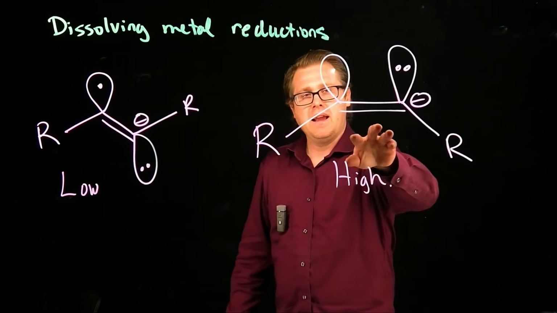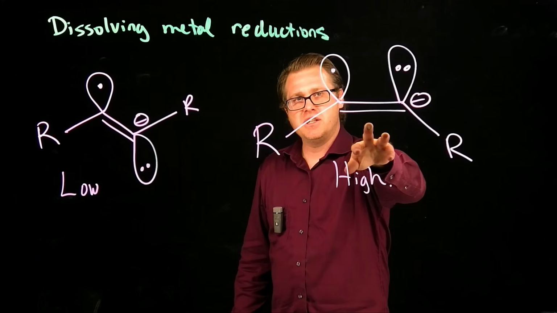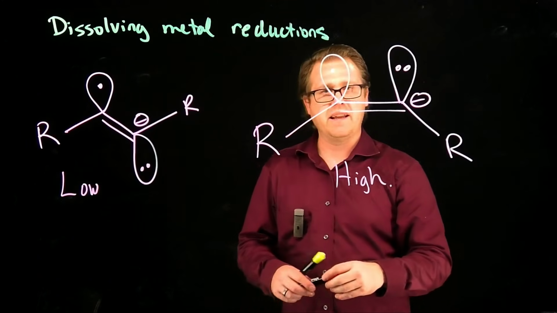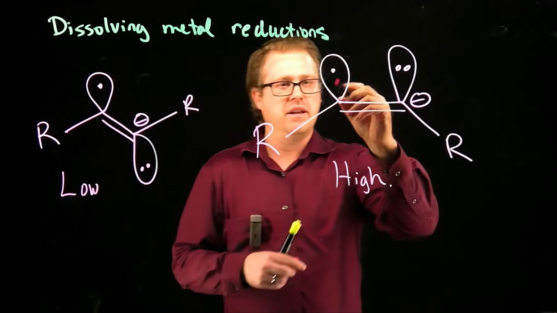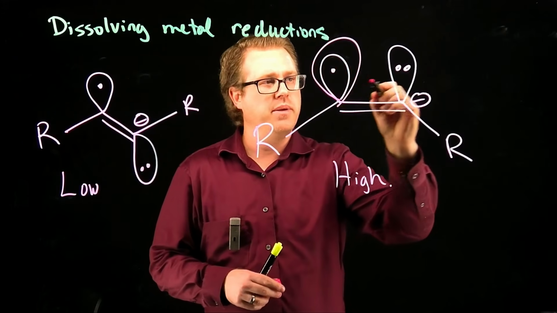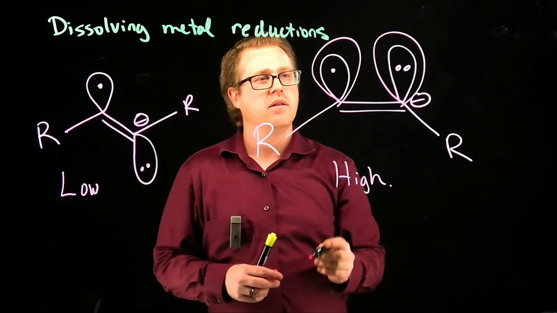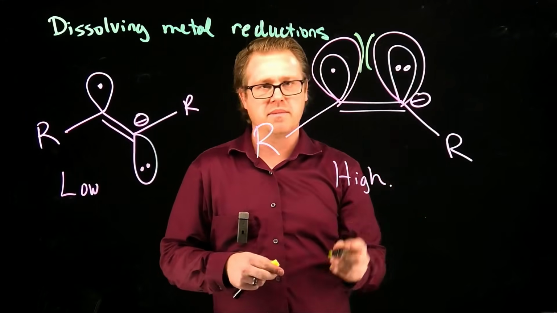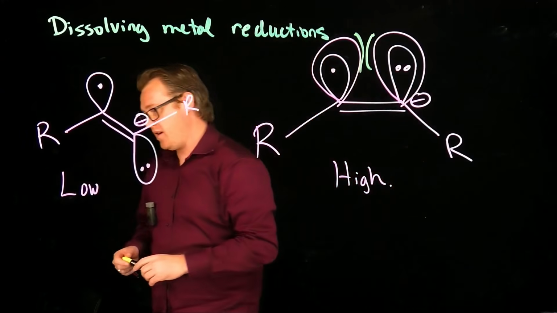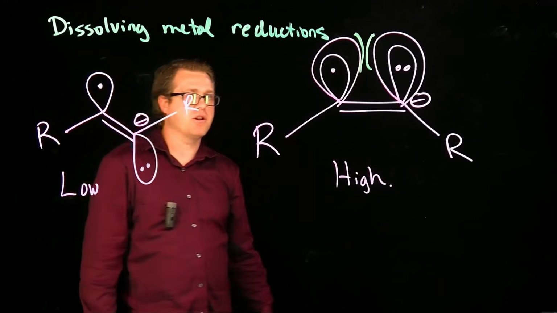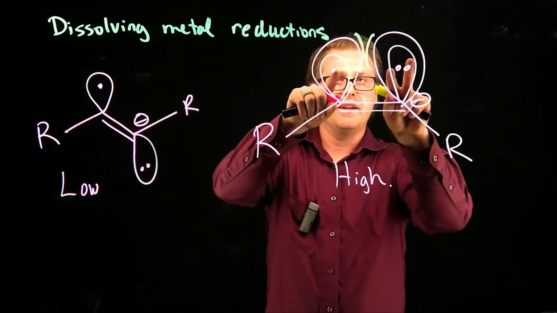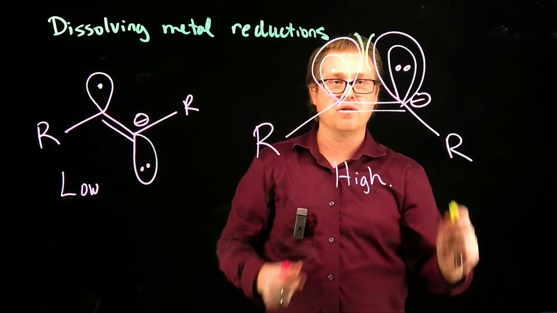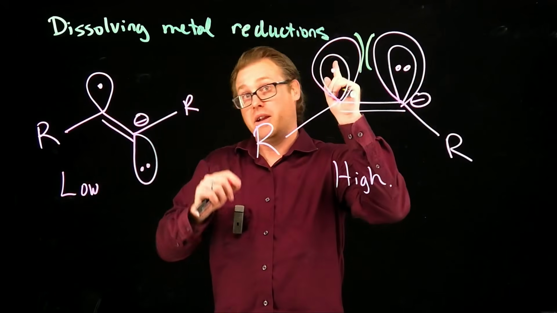So why is this the higher energy state? Well, I didn't draw it too accurately because what if those were bigger? All right. Can you now see that there's going to be some clash right there? There's going to be some electronic repulsion because we have electrons in those orbitals getting really close to each other. And so that's going to increase the energy.